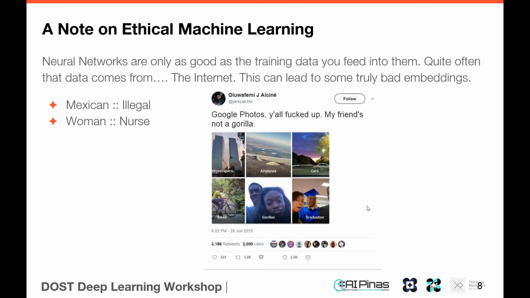If you pull data off of Reddit and train a word embedding neural network on Reddit data, you might end up with something that considers Mexicans linked to illegalness and only ever tags nurses as women, or visual classifiers that don't know how to recognize people who don't have white skin, or Asians. There are a lot of Asians working in these AI labs. So that's just something to keep in mind.